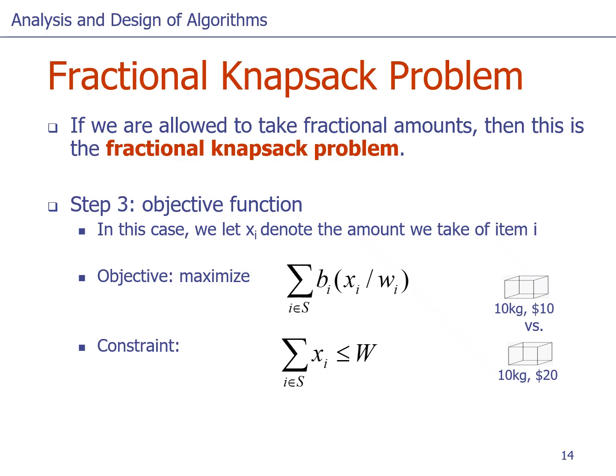There are many instantiations of this summation, and I'm going to use the instantiation that maximizes my total sum. Okay, under the constraint that my total weight is going to be less than or equal to W, obviously. So we need to avoid exceeding the size of the bag.